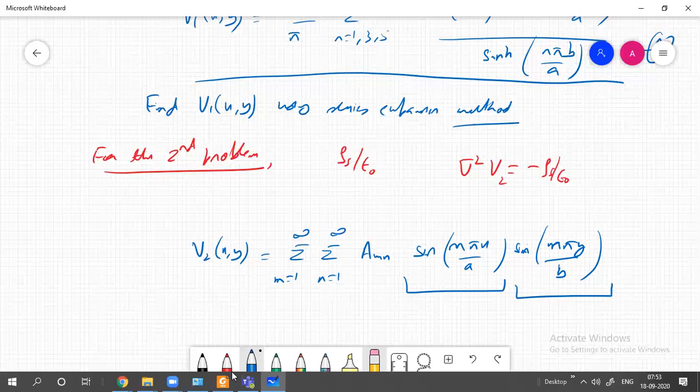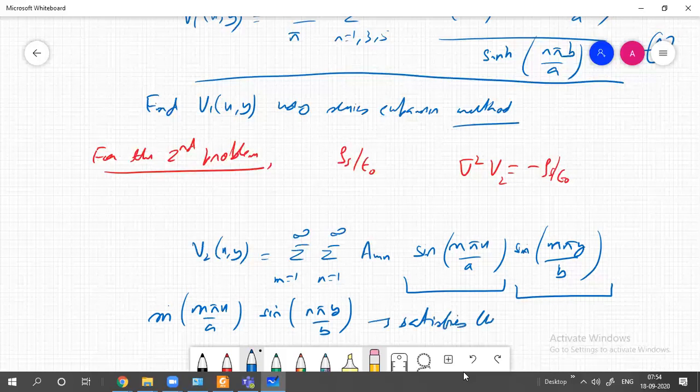You must choose such a function that satisfies the boundary conditions. So sine m pi x by a and sine n pi y by b satisfy the boundary conditions.